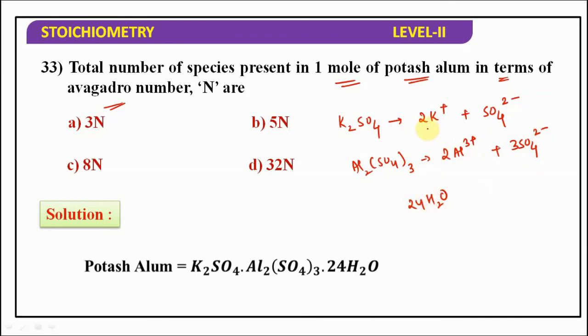Here it is 2 species, here 1, 3, 5, plus 3, 8, plus 24 water molecules. So 32 species are there. So 32 into Avogadro number should be considered. Understood?